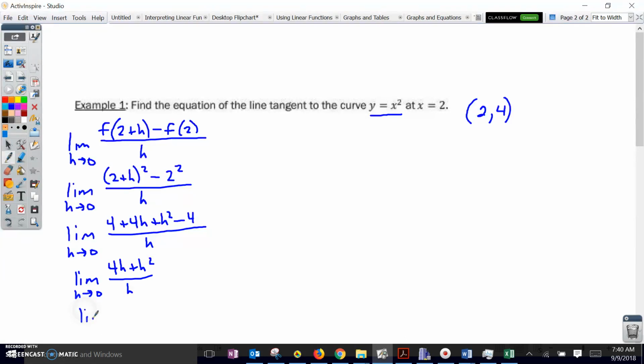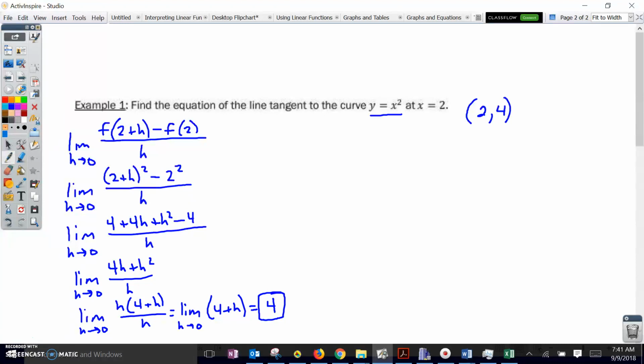And I'm going to go ahead and factor h out of the numerator. And so this becomes the limit as h goes to 0 of the quantity 4 plus h. And by substitution, that limit is 4. And so that's the slope of the tangent line at the point of tangency 2, 4.